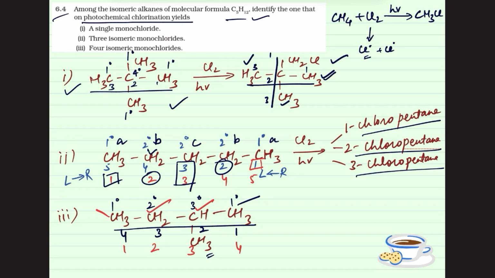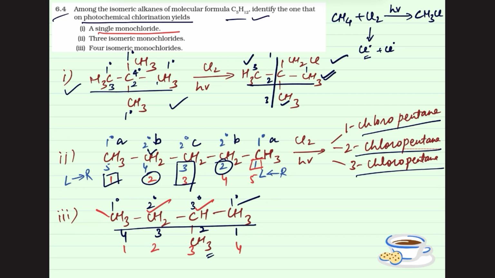So if you want only a single monochloride, then you have to arrange the carbon-carbon chain in such a way that there is only one type of carbon present. So no matter to which carbon chlorine is getting bonded, the product will be the same. If you want 3 isomeric monochlorides, in that case the carbon-carbon chain has to be arranged so that 3 different carbons are available, and so 3 different products will be formed.